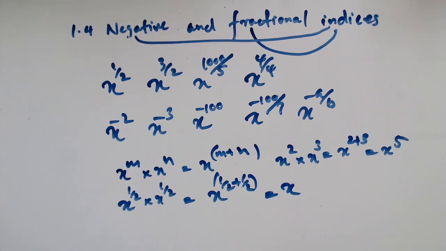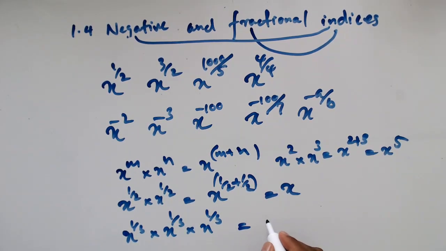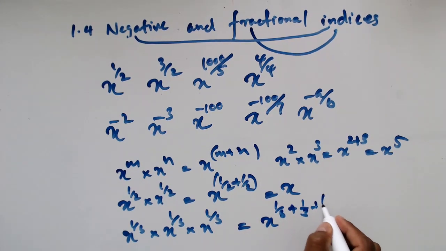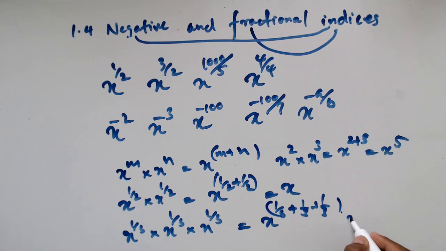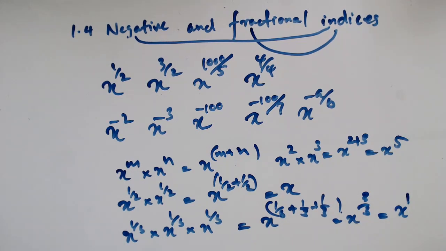In another way, x^(1/3) times x^(1/3) times x^(1/3). We can write this as x^(1/3 + 1/3 + 1/3), so x^(3/3), which is x to the power 1.